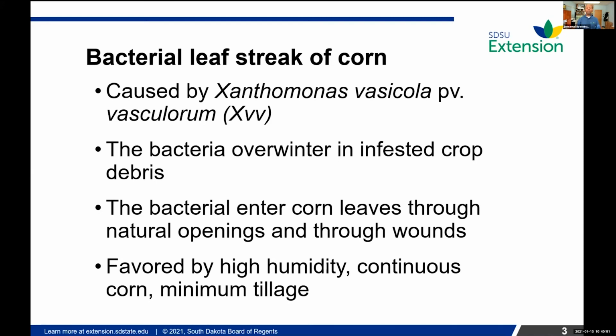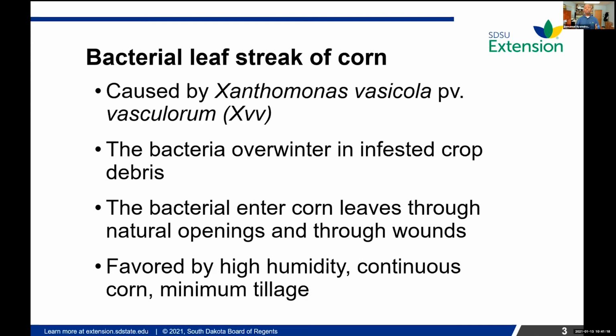The bacteria, as with other bacterial diseases, is going to infect corn through natural openings. Unlike fungal pathogens, the bacteria is not able to create a wound or a lesion and then enter through that, but it does go through natural openings and injury on the corn's surface. That's how the bacteria will enter the plant.